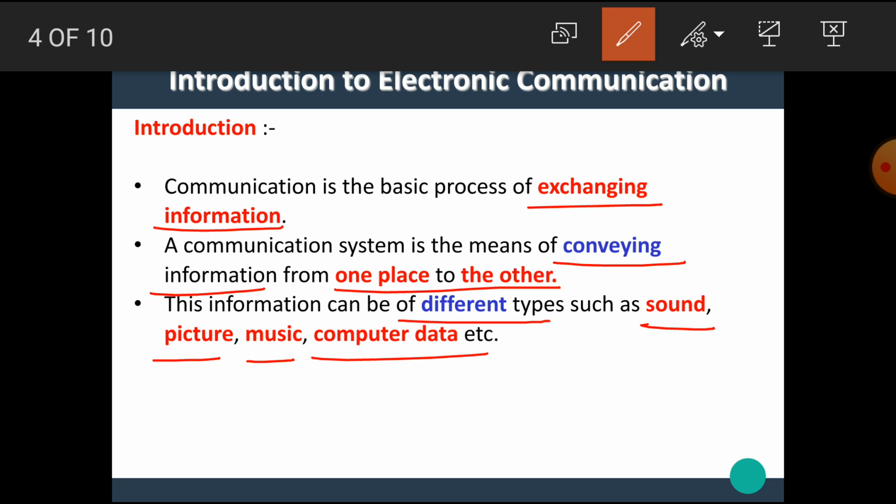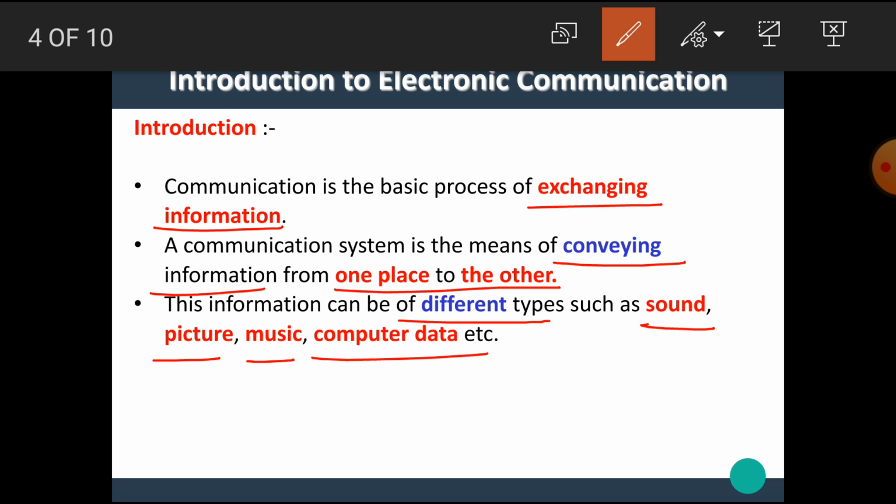In the beginning, information could be transmitted over a short distance only, maybe through spoken words. Long distance communication was not possible at that time. But after step by step inventions, the communication process became much easier and simpler.